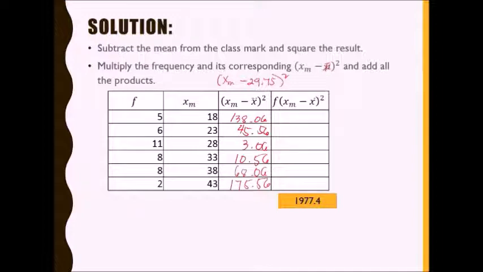138. Okay, tama naman po. So, sige. Now, let's proceed with the next one, no? So, we multiply these two. Okay, so we have 5 times 138.06. Okay, so 690.3.